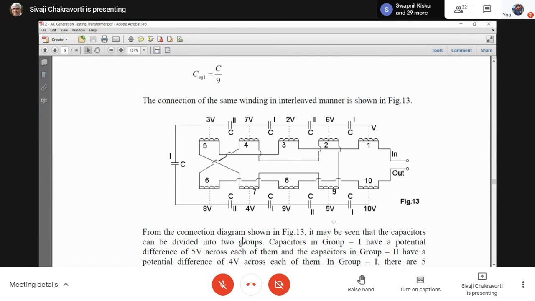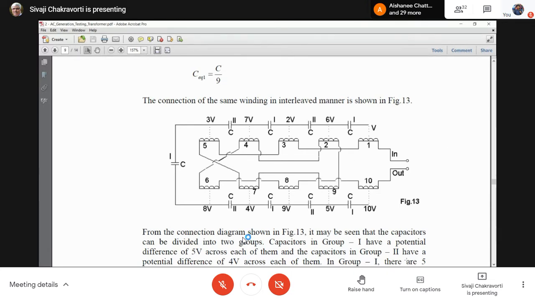Can you tell me how many capacitances have a potential difference of 5V in this diagram? You can count on your screen. 5. Exactly, correct. And how many have 4V? 4. Correct, exactly.